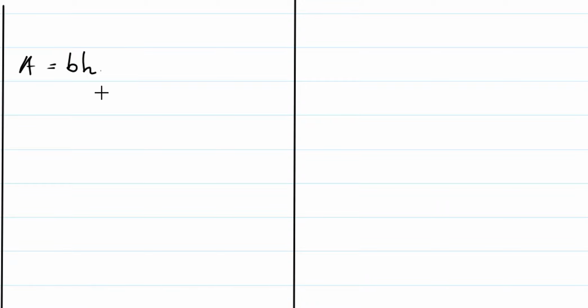When I say make H the subject of the formula, what I mean is I need to rearrange this formula such that H is on one side of the equal sign alone, either on the left side or on the right side, no problem, provided it is alone. So in this case, I have A is equal to BH.